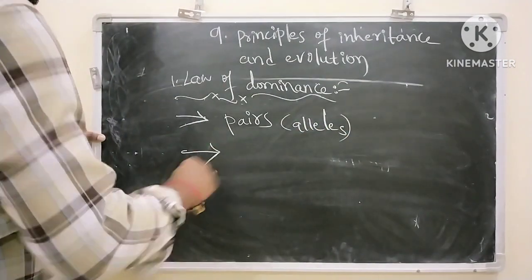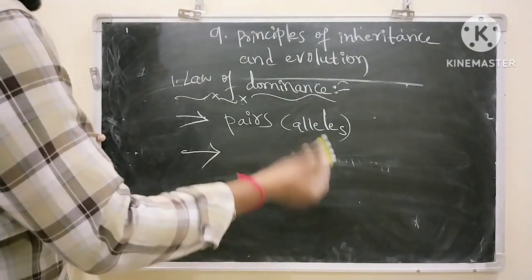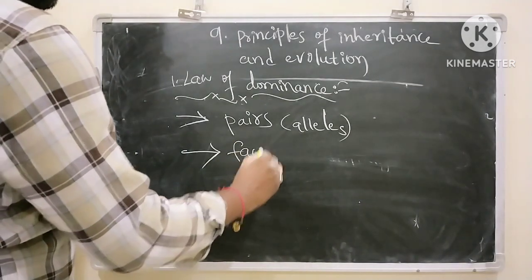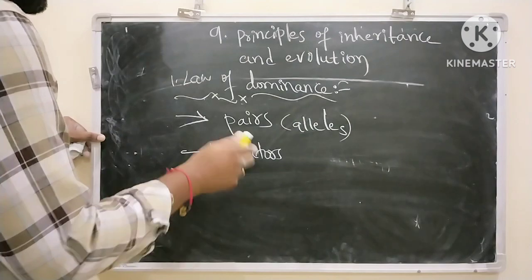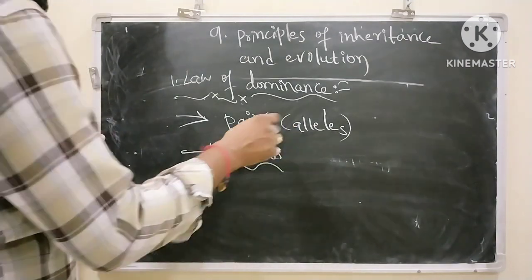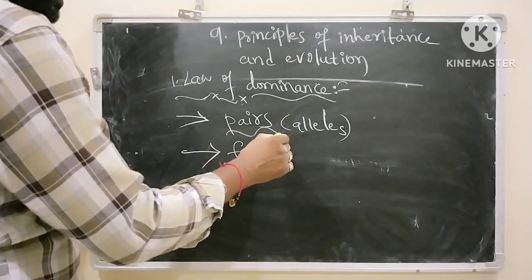And those responsible for expressing a trait are factors. For expressing a character, factors are responsible, and these factors are in the form of pairs.